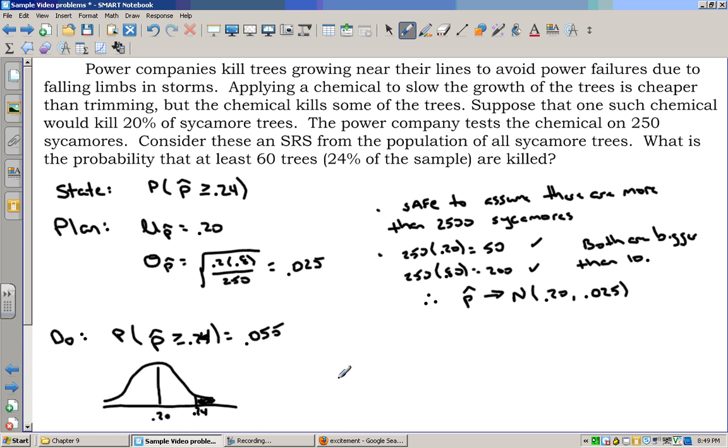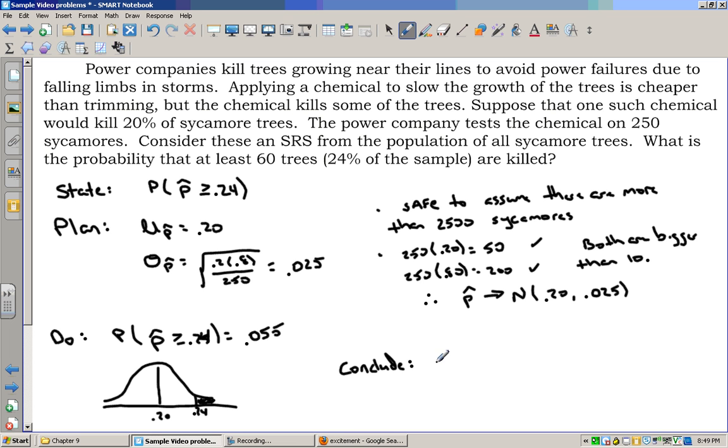And then finally, our conclusion. It's asking what's the probability that at least 60 trees, 24% of the sample, are killed.